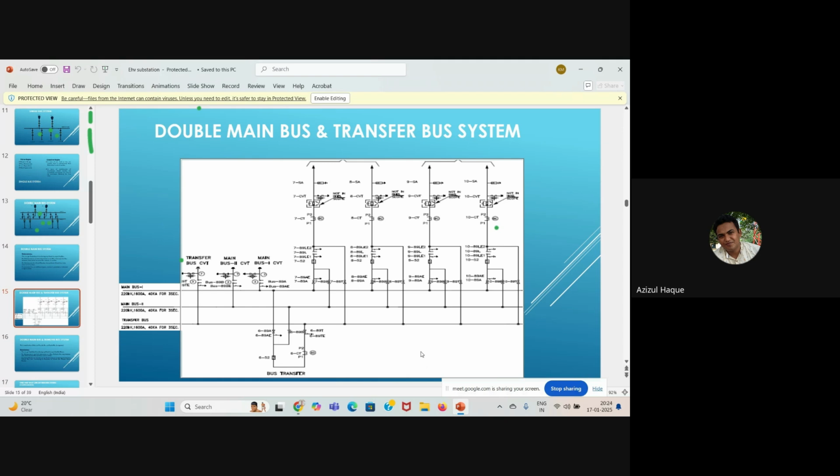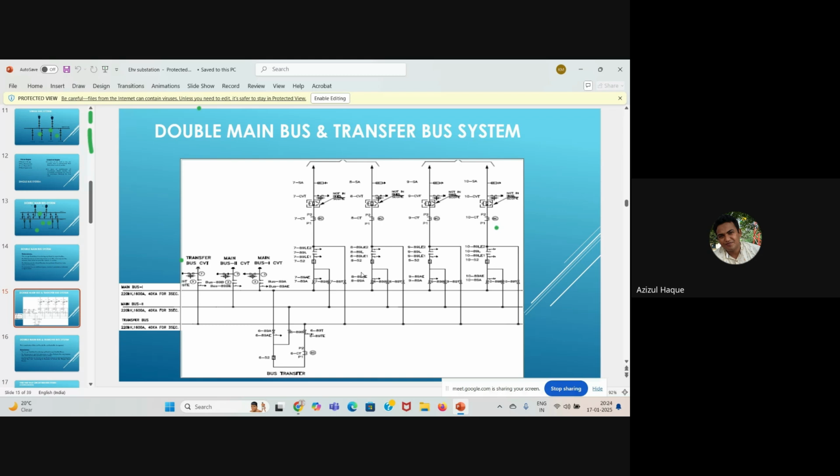How? Here, an additional bus is used. This is the transfer bus. So we will charge that feeder through the transfer bus, so that power flow continues through the transfer bus to that particular feeder, for which I have to take shutdown of the circuit breaker.